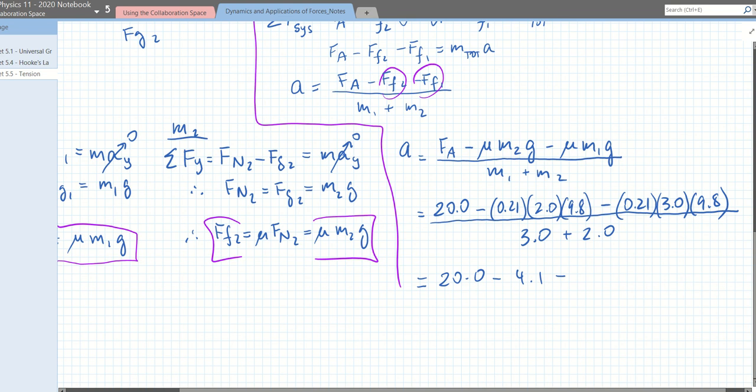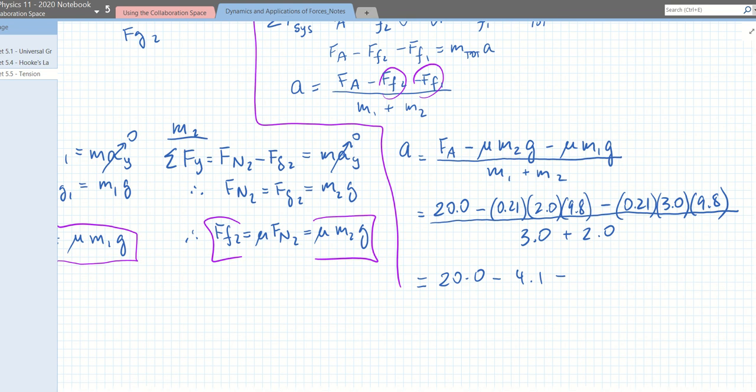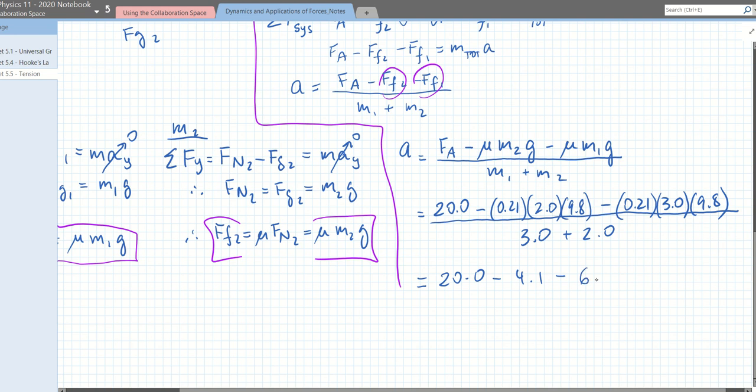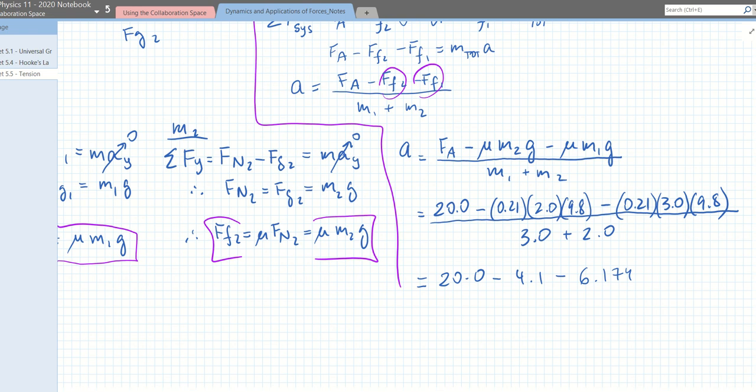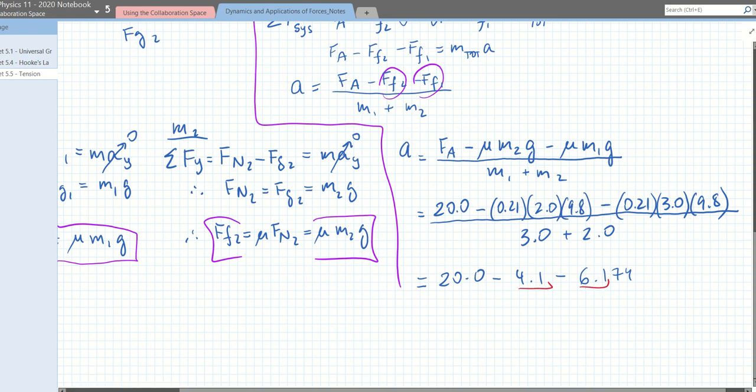So then we have 0.21 times 3 times 9.8. We get 6. Alright, I guess I'll keep the decimals here. But again, I know that this should only be 1 decimal here. So in the numerator, now we have to do subtraction. In the denominator, we can add these two together.